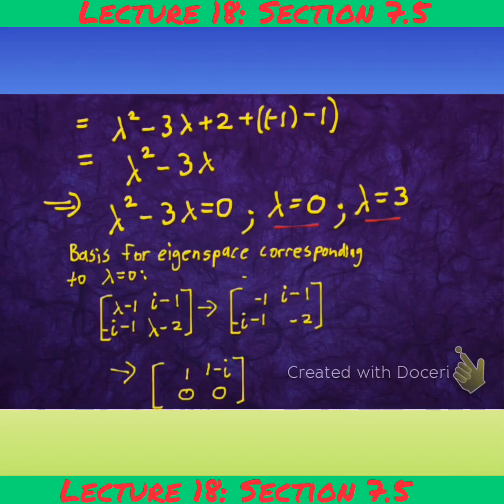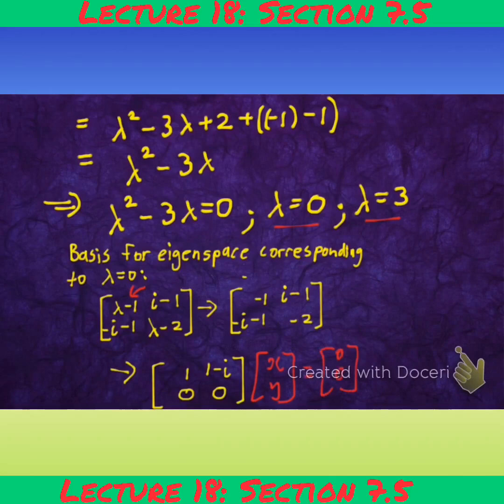Right, so the basis for the eigenspace corresponding to lambda equals 0, what you do to get that is you go back to your original matrix and you replace lambda with 0, and you look at the null space of that matrix. So this matrix reduces to that matrix there, and then we look at the null space of that matrix.